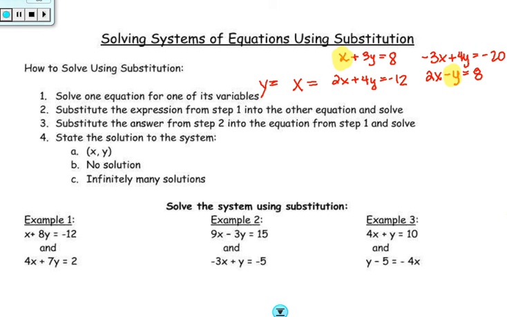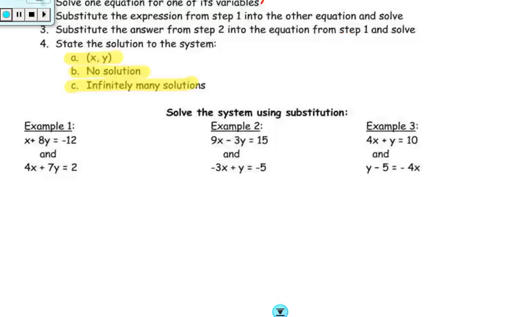Once you do that, you're going to substitute that answer into the other equation and solve. Get that answer and plug it back in and solve. Remember, our three possibilities for our solutions are a point, no solution, or infinite solutions. So let's look at what each of these types of examples will look like.